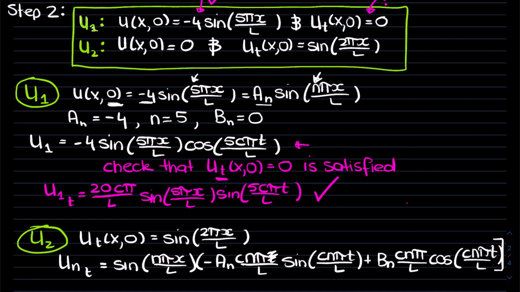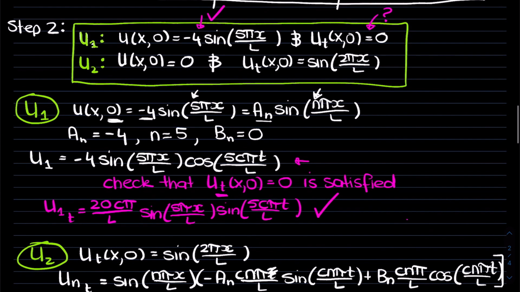Right, so now if we put in t equals 0, so u_n at x and 0, we're going to end up with b_n c n pi over L sine n pi x over L. And we need this to equal sine 2 pi x over L, which is up here.